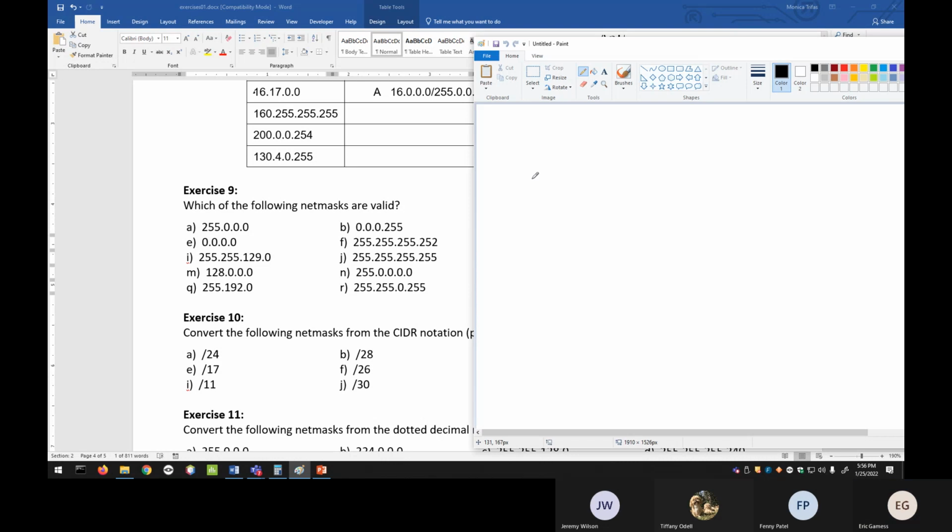So we have 255, 192, 255, 0. So in binary it will be 8 1 for the 255. Then it will be 2 1 and 6 0.